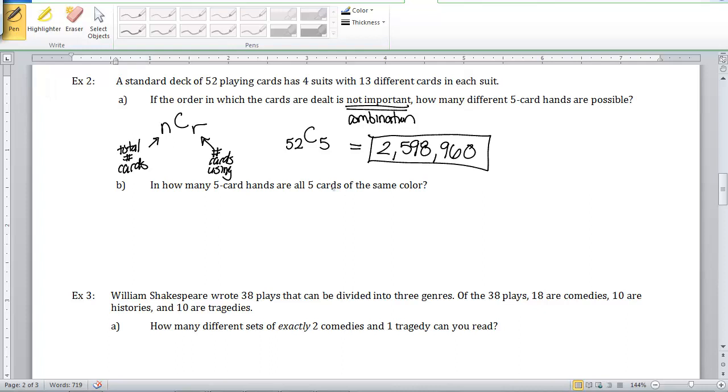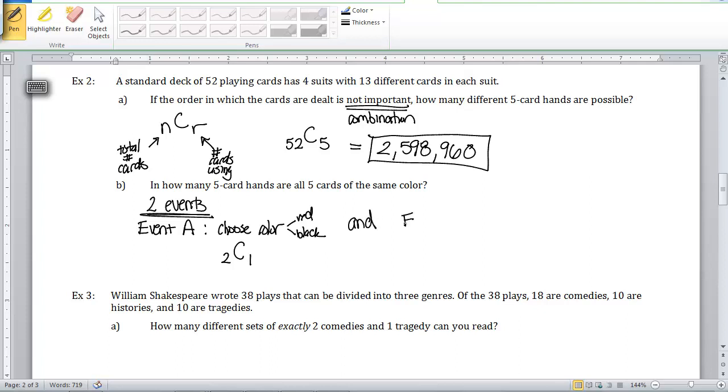Now in part B, we said in how many 5-card hands are all 5 cards the same color? Now there's actually 2 things happening here. In event A, you are going to be choosing a color. So again, that's either the red or the black. And so I have 2 colors, I need to choose one. And event B, I need to choose 5 cards for our 5-card hand.